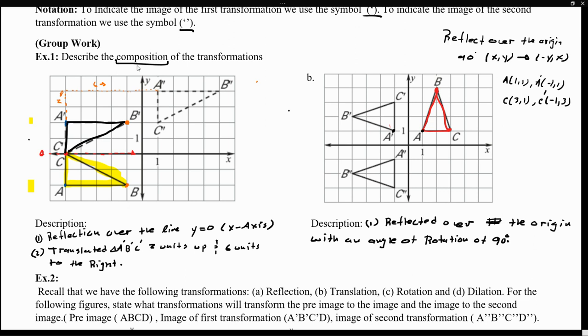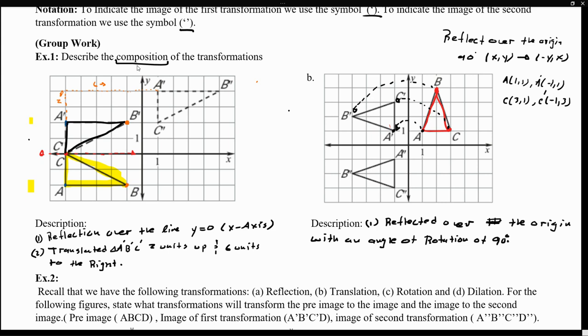So that's the first thing that we did. All we did, we got A and we rotated 90 degrees. That's all that has happened here. Okay, so now we are at A prime, B prime, and C prime.